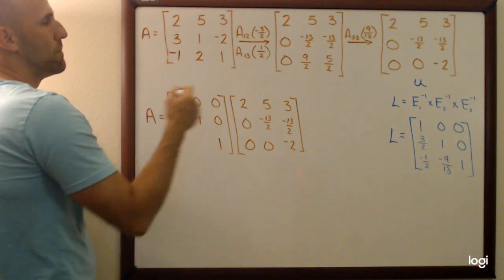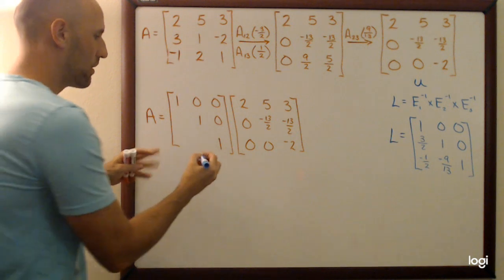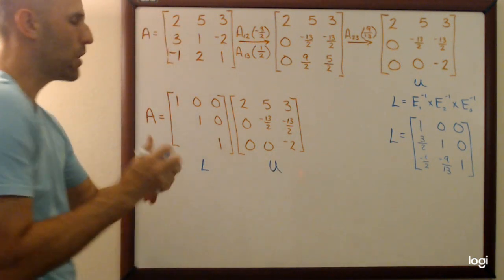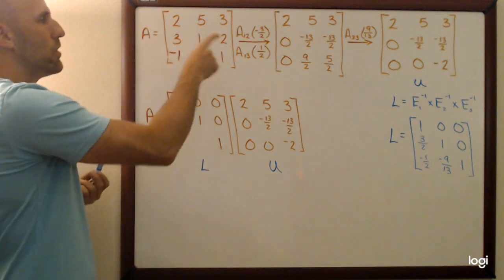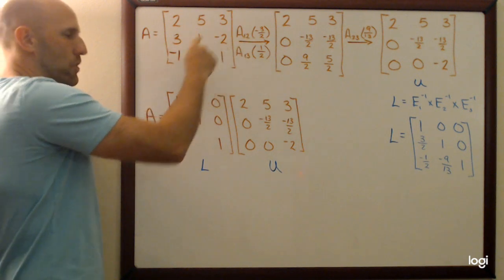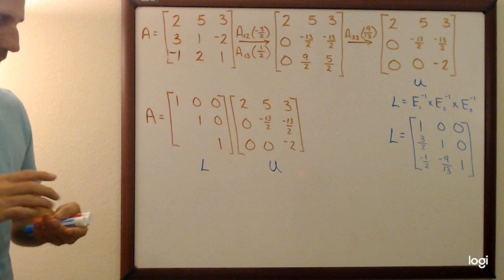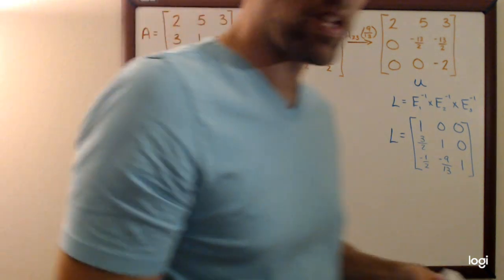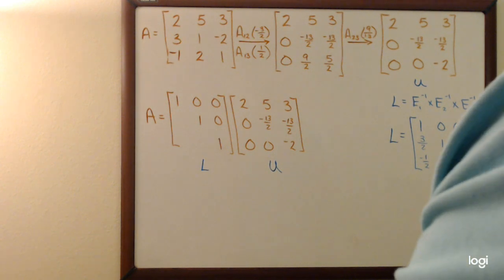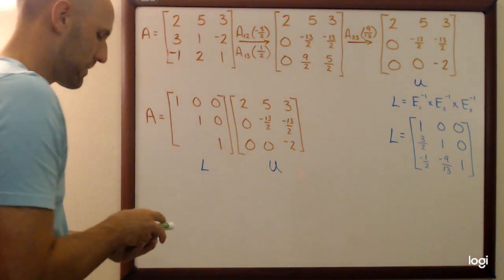The first one is A12 negative 3/2. And I know that in L, so this is L, that's U. I know that in L, A12 negative 3/2 is going to put a positive 3/2 in the 2, 1 position, because I'm going to invert it. All right, now I'm going to color code this so you guys can see where these things are going. Let me get red and green and blue, I guess.